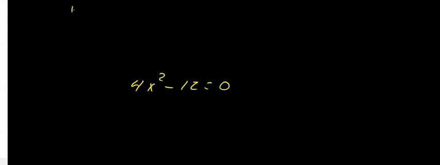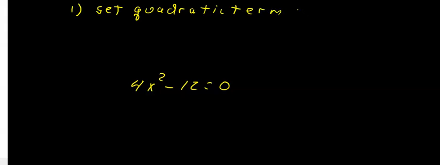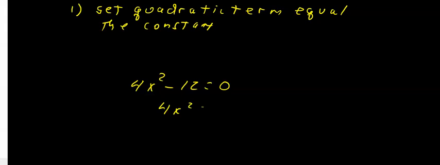So the first step is to set the quadratic term equal to the constant. So I add 12 to both sides. 4x squared equals 12. I divide by 4, and I find out x squared is equal to 3.